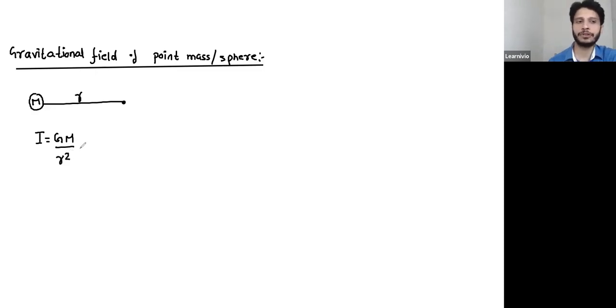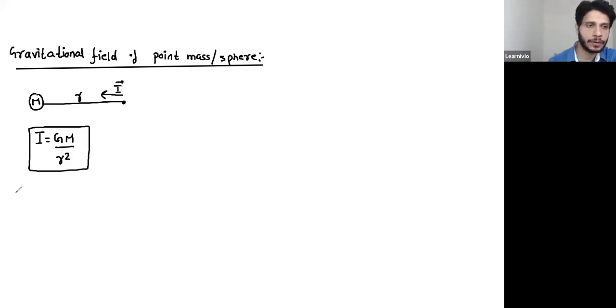It's GM by r square. And the direction of field is always towards the mass. The direction of field is towards capital M.